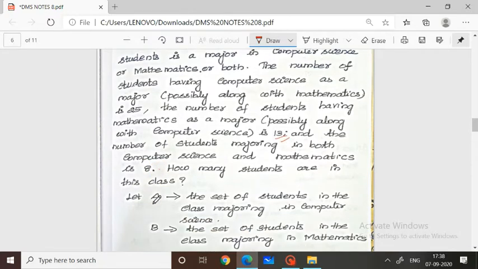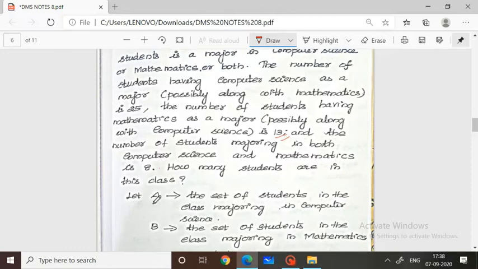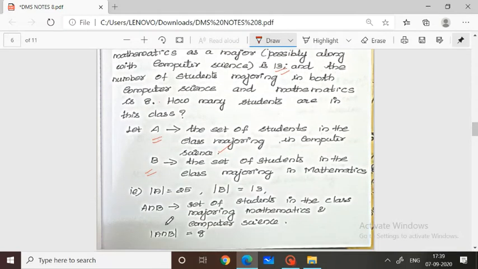So first let us take the cases: the set of students majoring in computer science, and the set of students majoring in mathematics. Let A denote the set of students majoring in computer science and B denote the set of students in the class majoring in mathematics. That means |A|, the number of elements in A, is equal to 25.